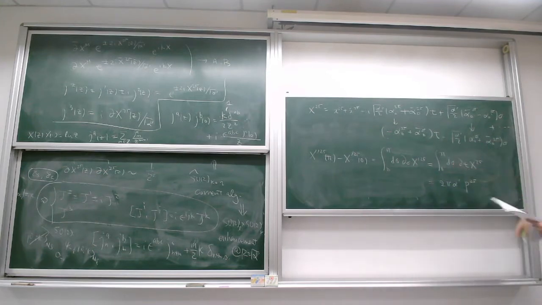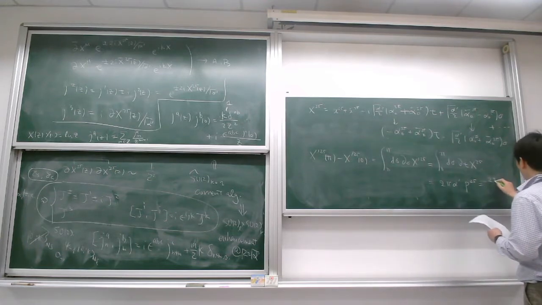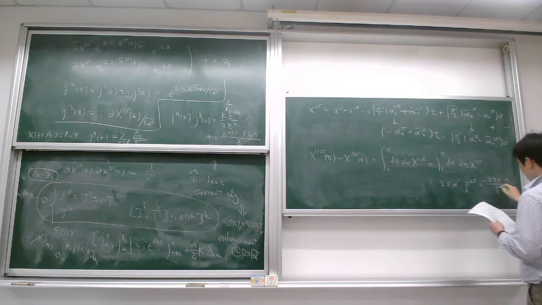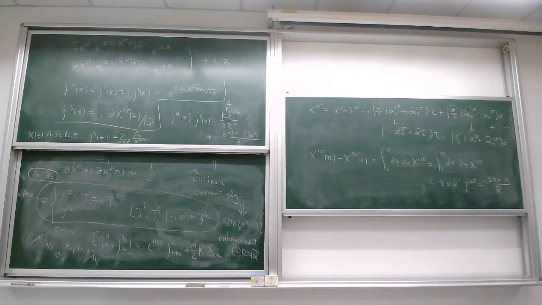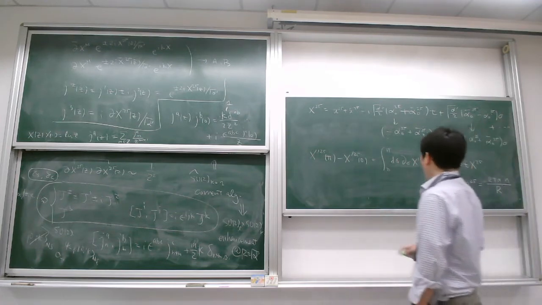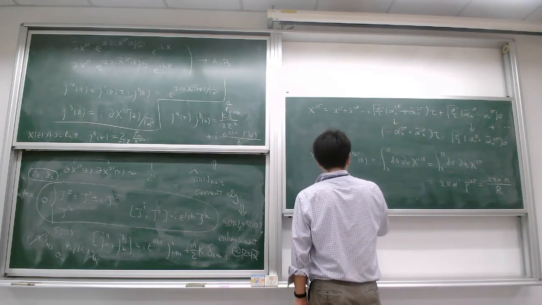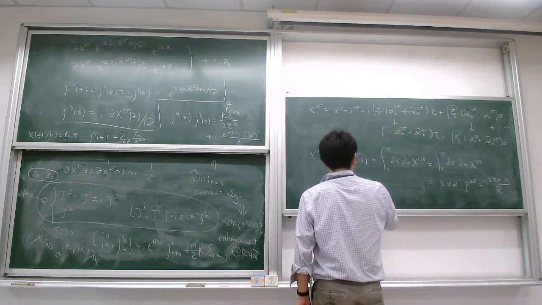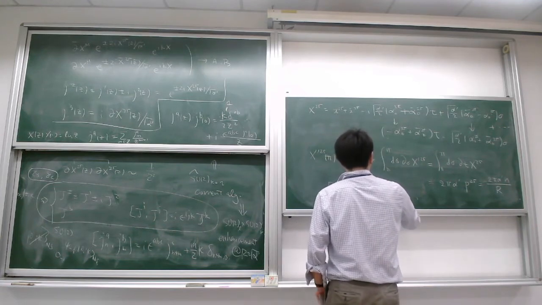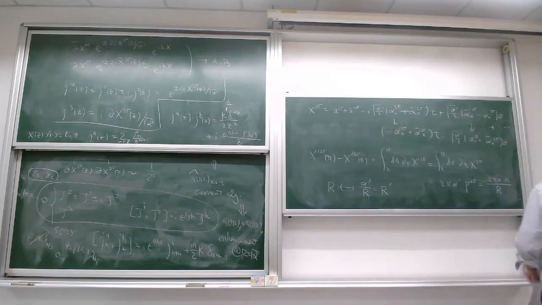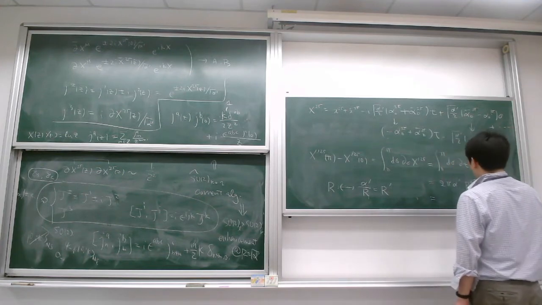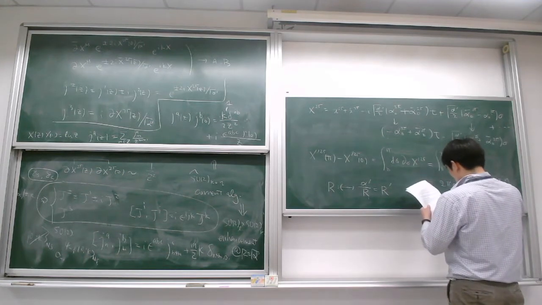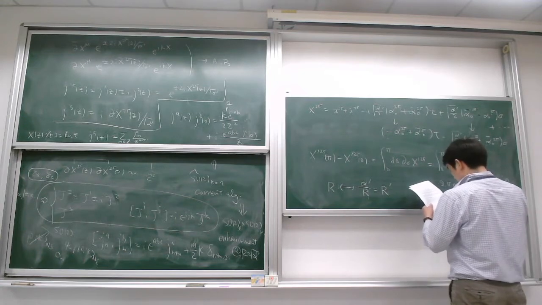This is just momentum, and this is equal to 2 pi alpha prime, where momentum is n over R. And we know that R is related to alpha prime over R, which I call R prime. Therefore, this is equal to 2 pi n times R prime.